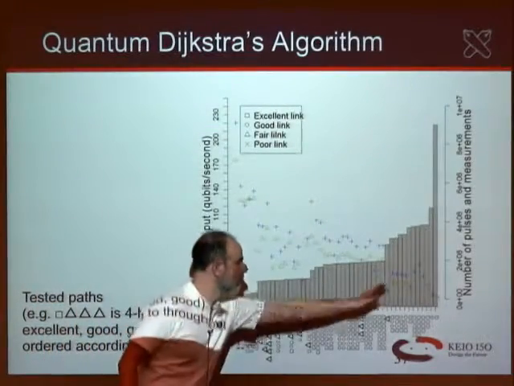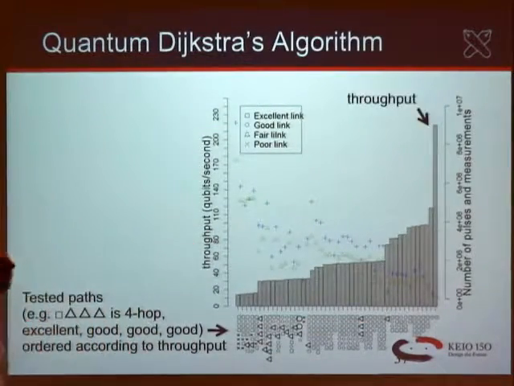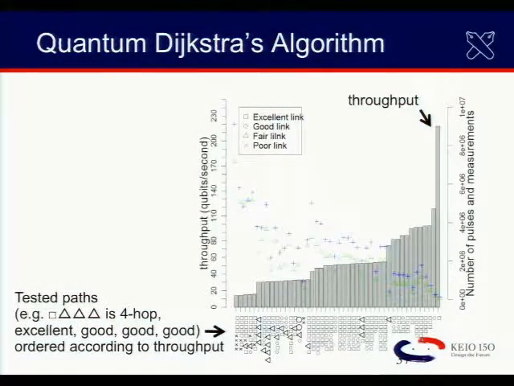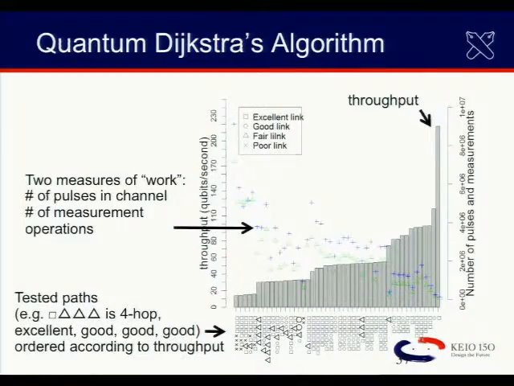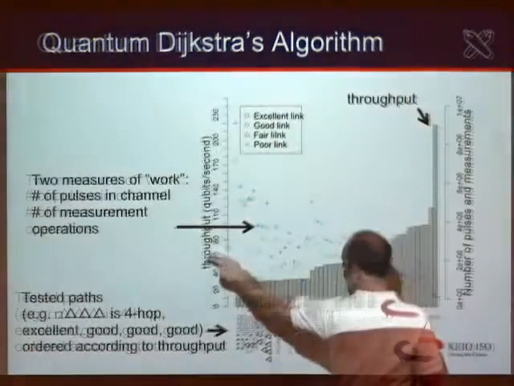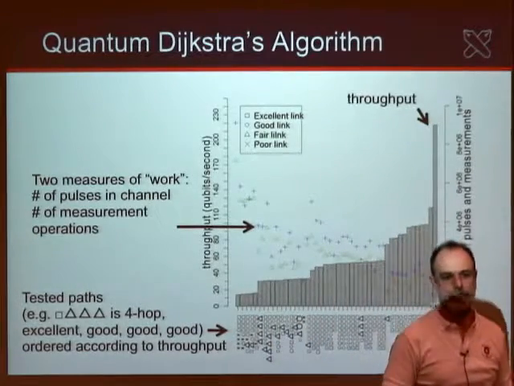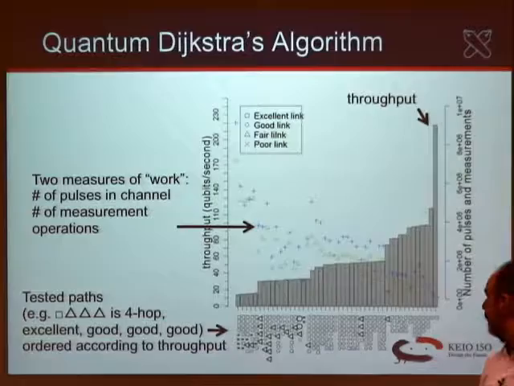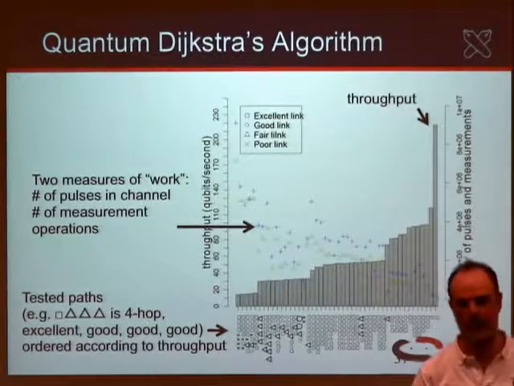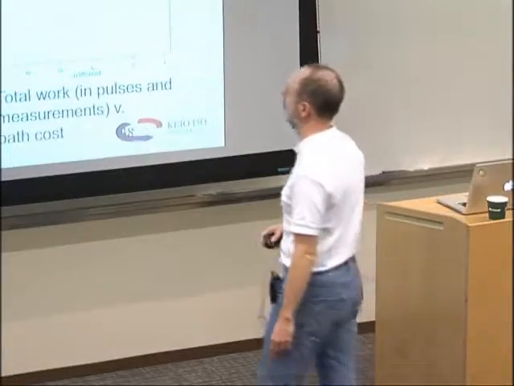Across this, they are ordered according to throughput. Throughput is the total height there. And then the 2 measures of work that we used are the number of pulses in the channels and the number of measurement operations, across the entire path. Again, qualitatively, you can see there's a pretty good inverse correlation between the two.